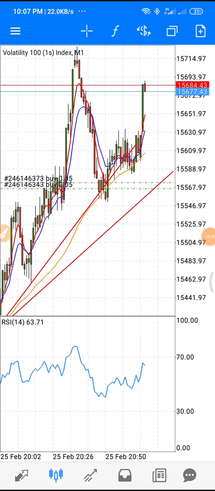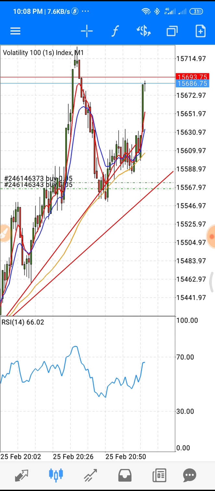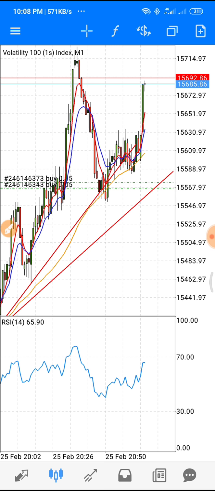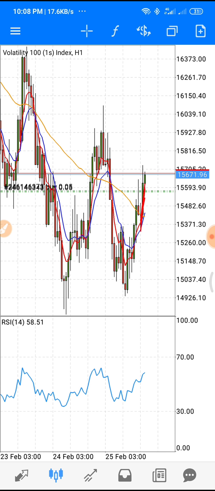Yeah, so this is a successful one. Thank God I was able to do it, and you can see how I do it. There's no magic there. Number one, check what the H1 candle is doing. Make sure it is on a strong move.